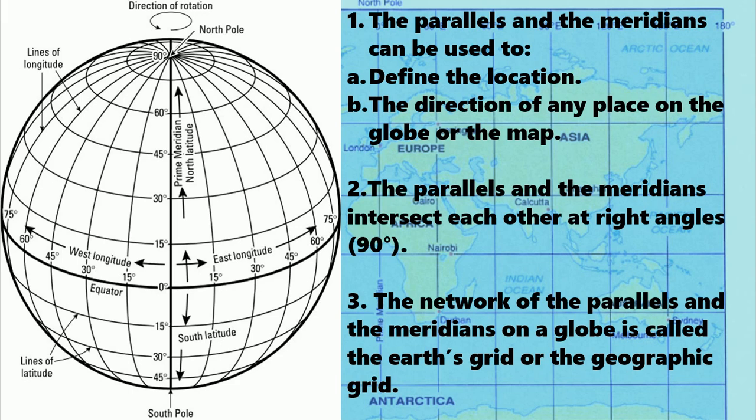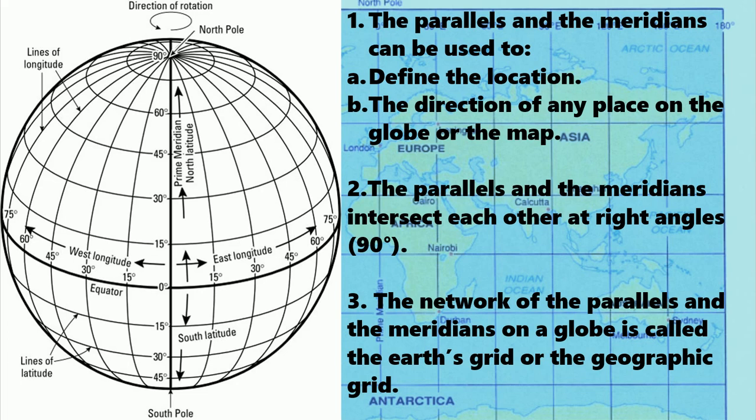Today we have discussed a few things only, like an introduction to the earth, how it is inclined, as well as something in brief, that the earth has two sets of circles, one is the parallels and the other is the meridians.